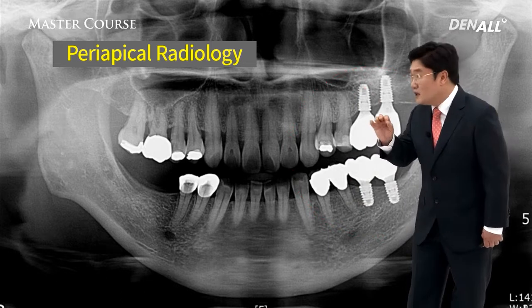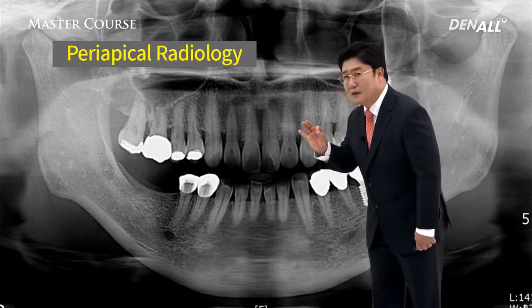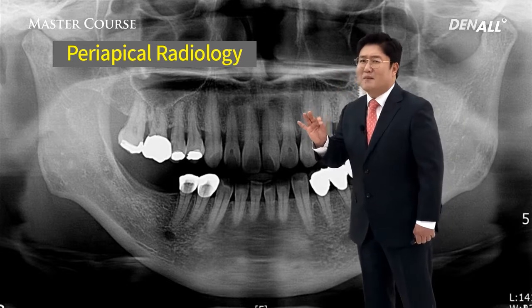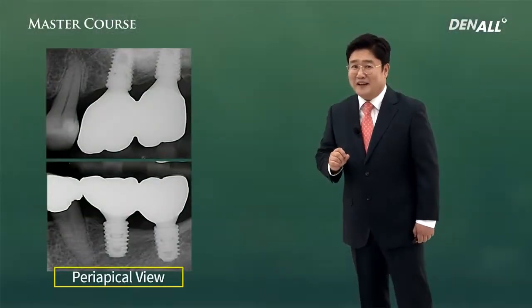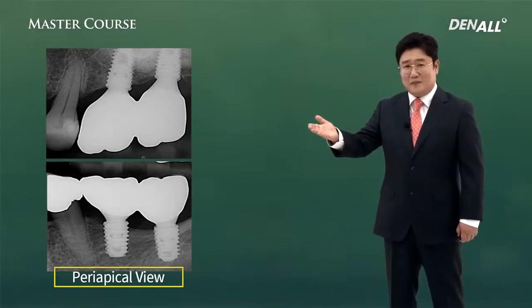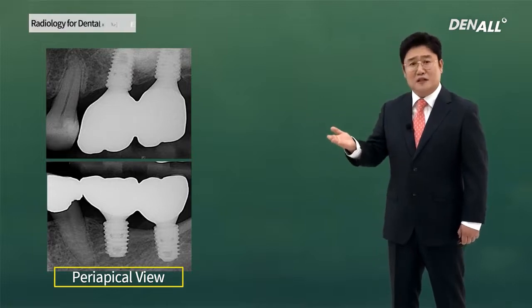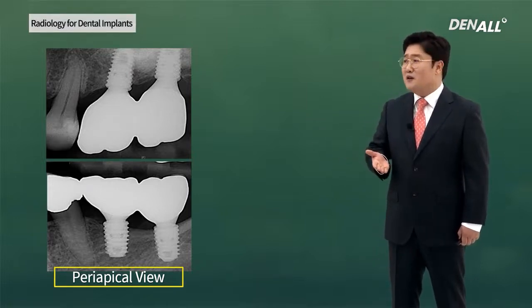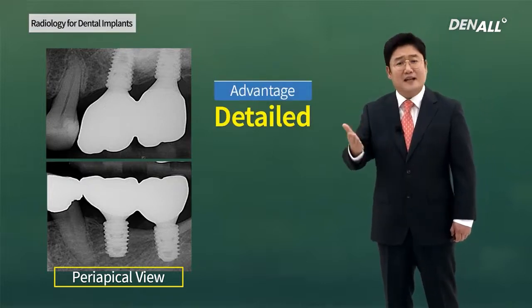If you want to look at in more details, panorama is not quite sufficient. In that case, periapical X-ray can be taken, periapical views. Such periapical or standard periapical view has the advantage of detailed information is in there.